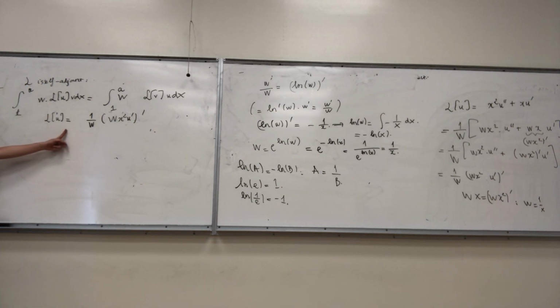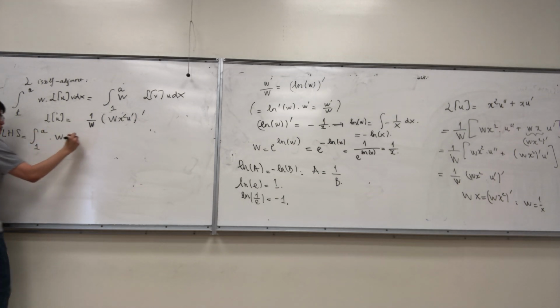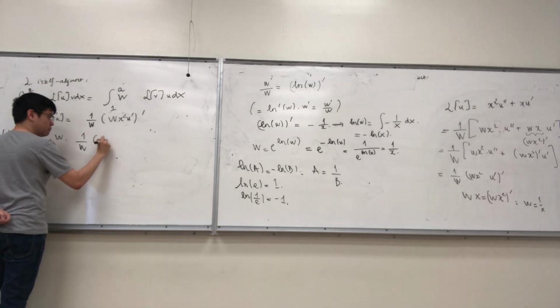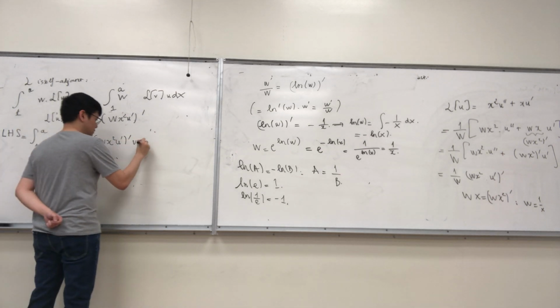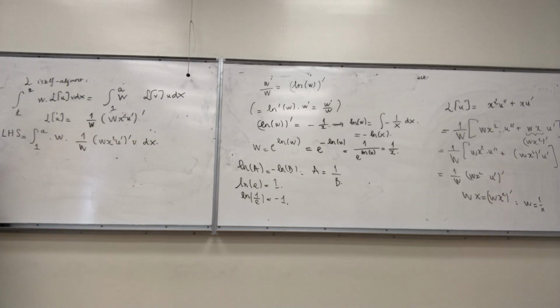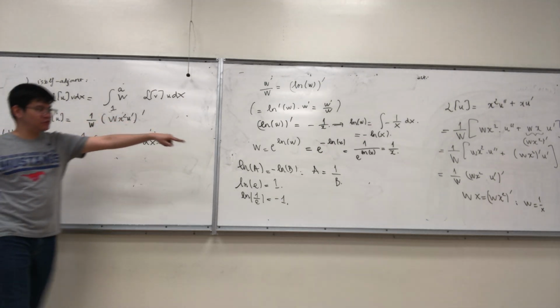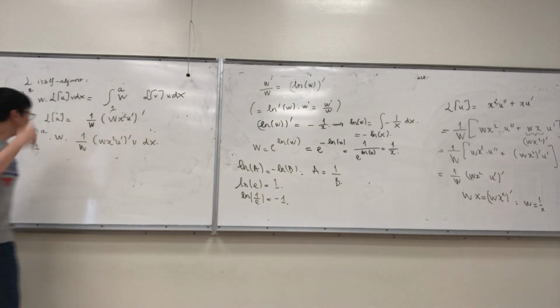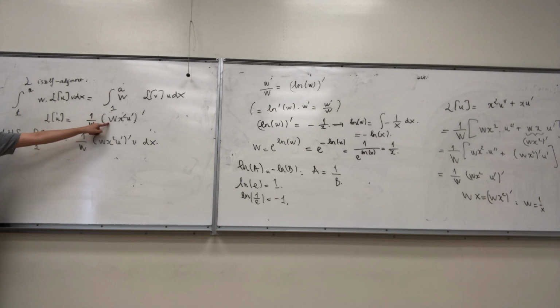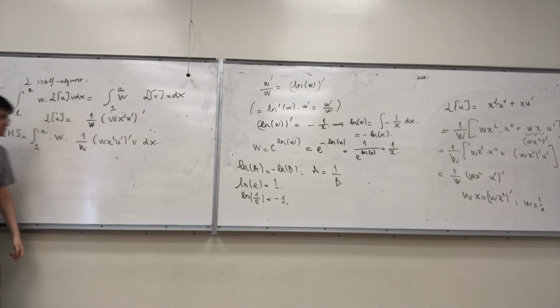I'm going to replace this in the left hand side. So the left hand side will be the integral from 1 to a of w times 1 over w times (w x squared u prime)' v dx. By choosing that w satisfies this relation, L(u) will be 1 over w (w x squared u prime)'.